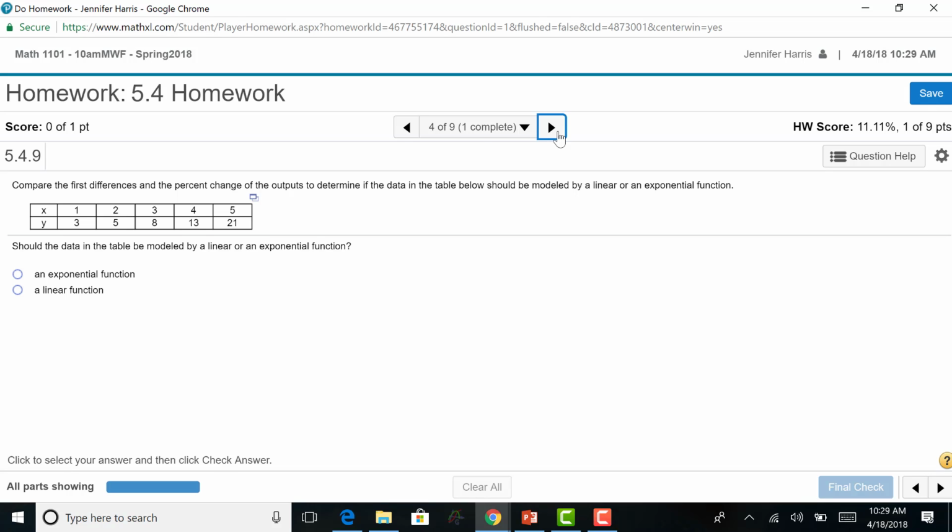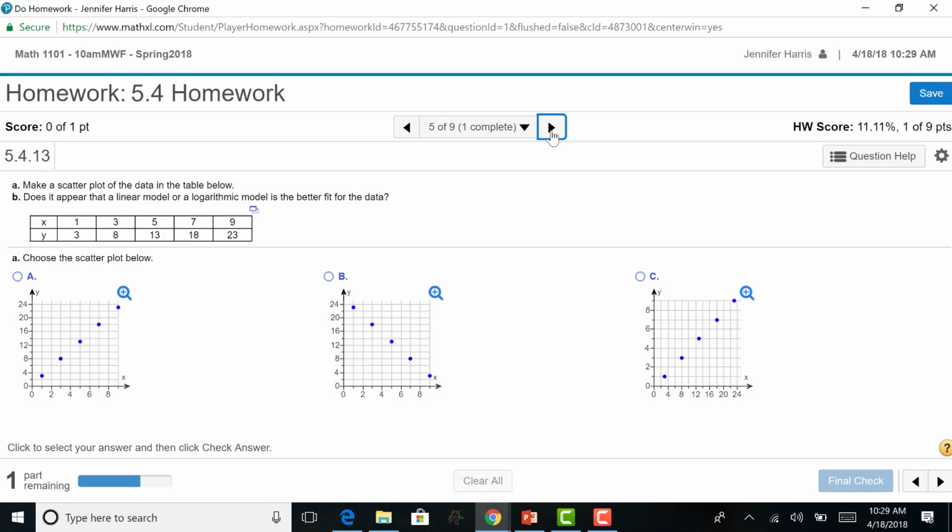Okay, and you pick power. We're on exponential. Make sure you pick the right one when you're in Zuru, because we're doing exponential now. All right, here, the next one is still wanting you to do the first difference and then do the percent of change. What's exponential? EXPR. Thank you.